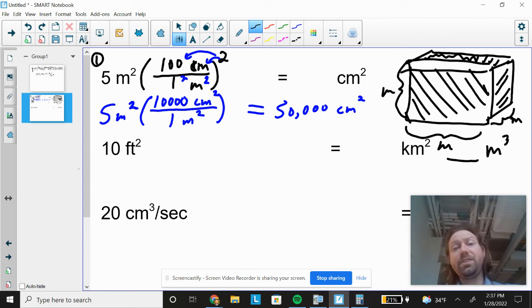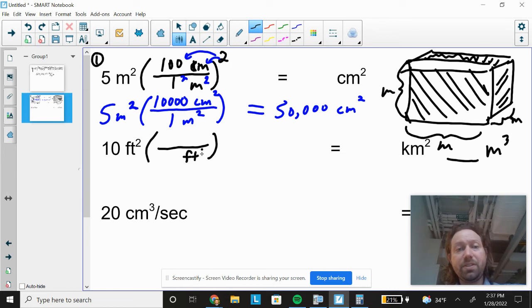So we have 10 feet squared, and we want to go to kilometers squared. In this case, we would set it up just like we normally would. So we'd have feet on the bottom. This is feet squared. So where would I go from here to get to kilometers?